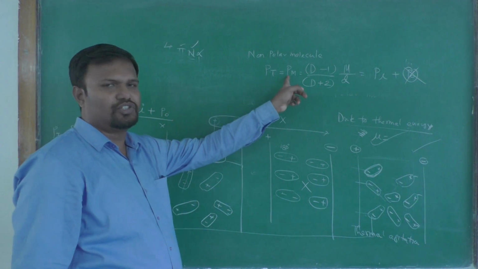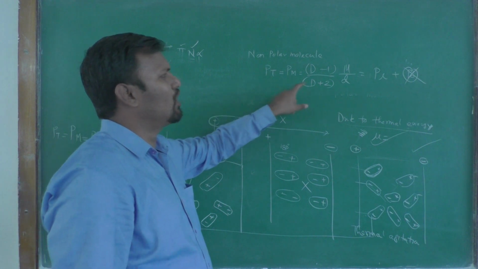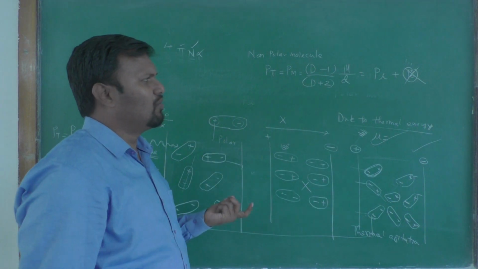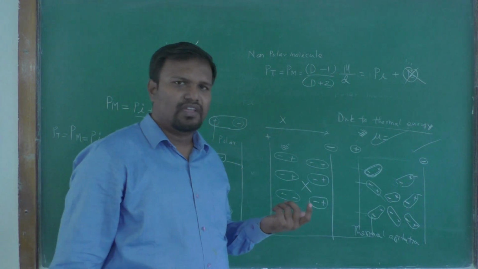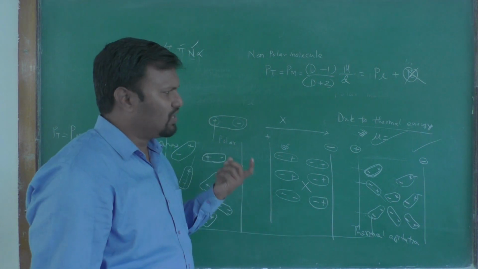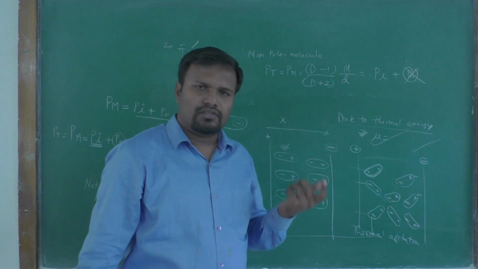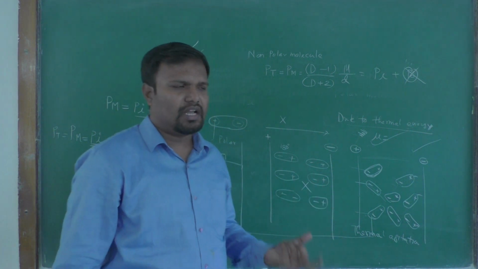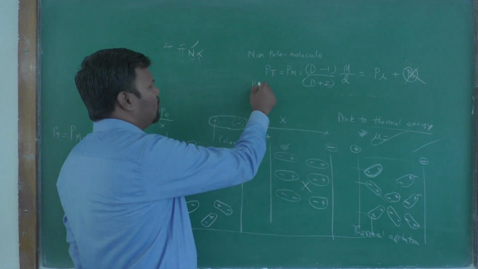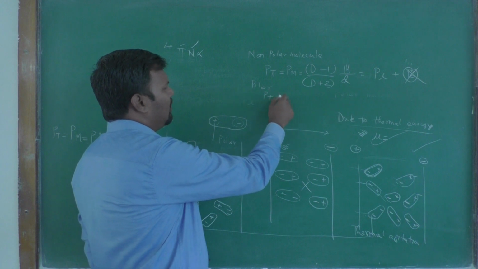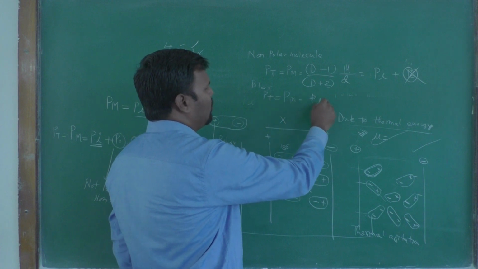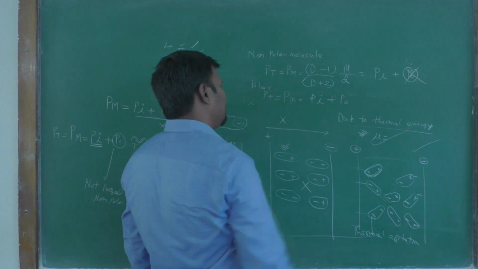Therefore, molar polarization or total polarization for a non-polar molecule is only the induced polarization. In non-polar molecules, orientation polarization is not possible. Orientation polarization is present only in molecules having a permanent dipole moment. Therefore, for a polar molecule, total or molar polarization will be equal to P induced plus P orientation.